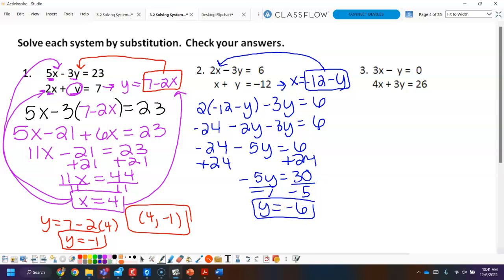So I get y equals -6. I have to take that answer, plug it back in to solve for x. A minus is a positive, so you get -12 plus 6. So I get x equals -6 also. And again, that should make sense. -6 plus -6 is -12.